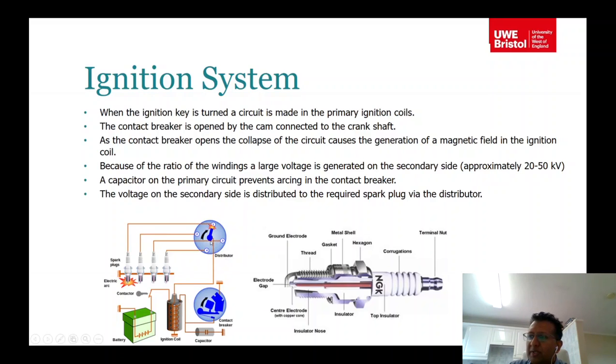What the distributor does is it selects which spark plug it has to ignite. This is connected to the camshaft basically. Therefore it knows where the cam position is, and depending on the cam position it tells when to ignite.